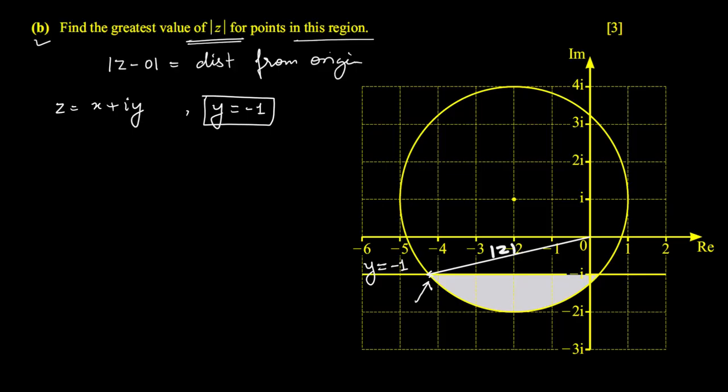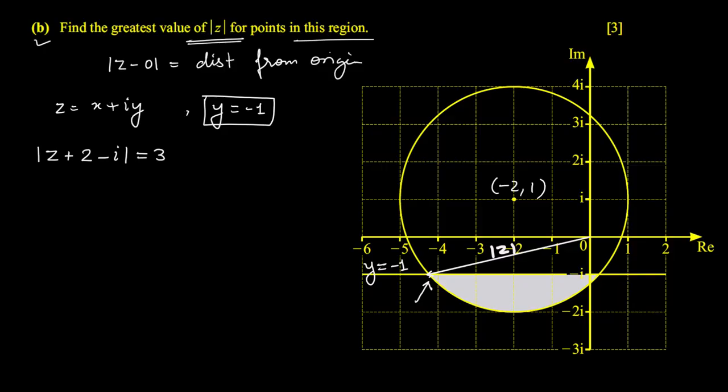So from the previous part we can see that we have the equation of the circle. The equation of the circle was modulus of z minus (-2 plus iota), where this coordinate was (-2, 1). So the equation is modulus of z plus 2 minus iota, and this was supposed to be 3 for this situation because this point is lying on the circle.